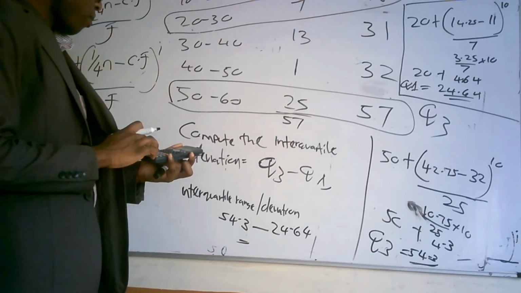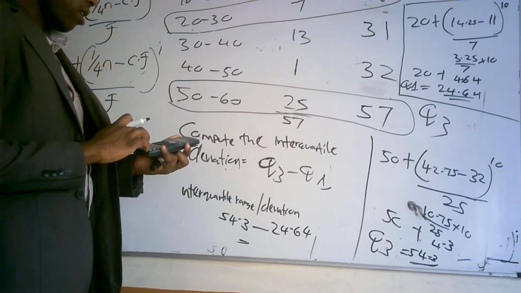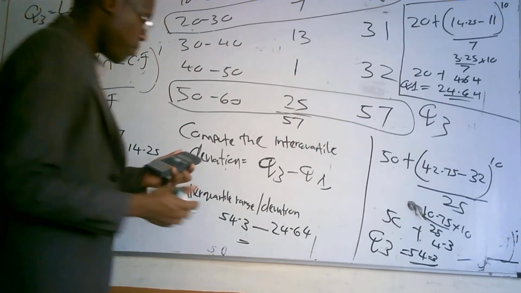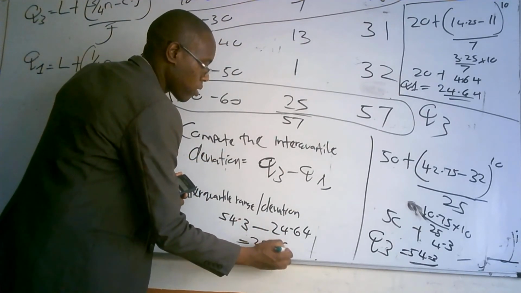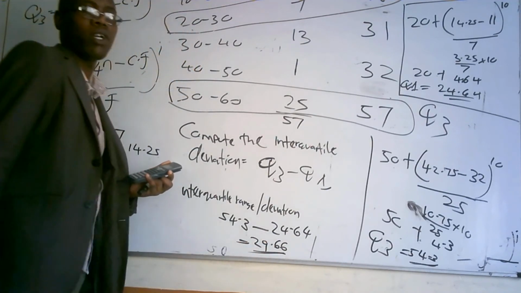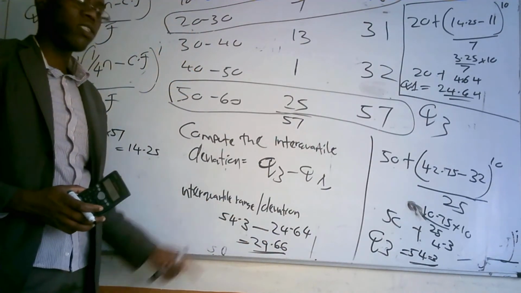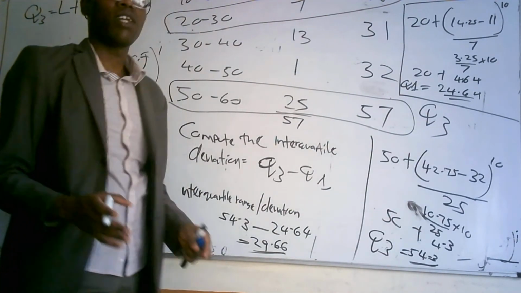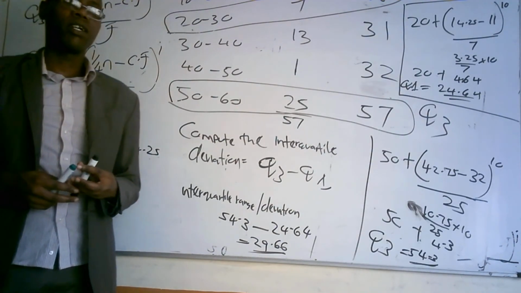So it will be 54.3 minus 24.64. Your answer will be 29.66. So that's how you get the interquartile range or interquartile deviation. So that's how we compute the interquartile range or the interquartile deviation.